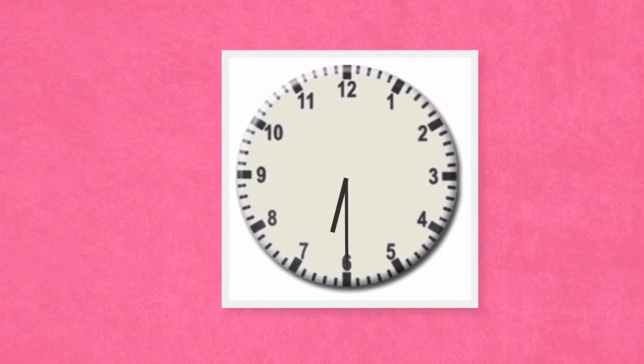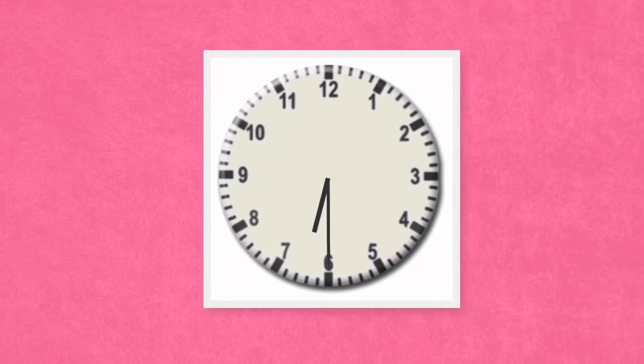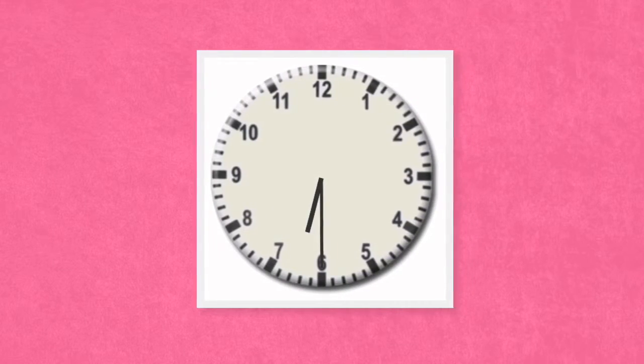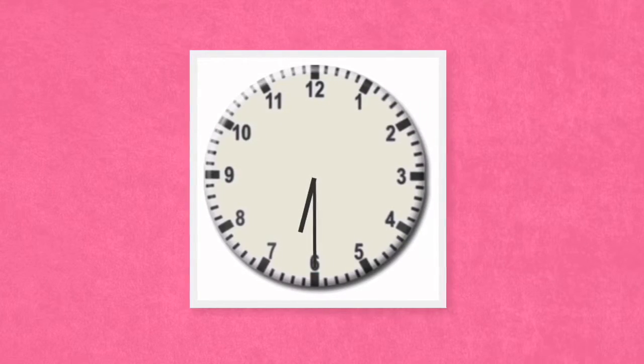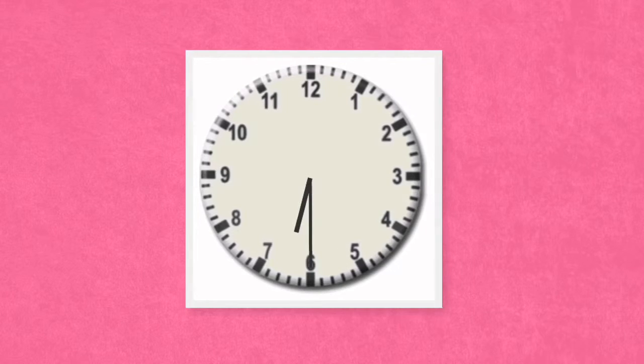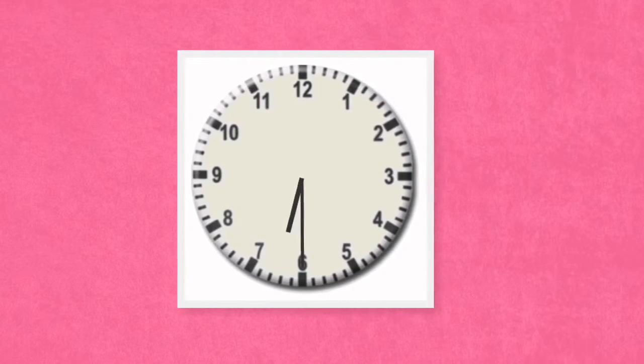The tick marks are shown on the clock right here. Between 12 and 1, there are 5 tick marks. This stands for the 5 minutes that have passed. With the short hand, between 12 and 1, it's showing the time passing between an hour, going from 12 o'clock to 1 o'clock.